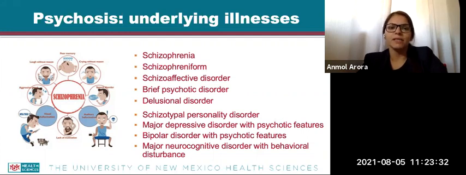I know it can be confusing to differentiate between these, but I wanted to make sure that I discuss them so that we're aware that it's not just one specific illness that may be happening in a person. It's based on their duration of symptoms, the type of symptoms, and the associated other things that may occur with it.